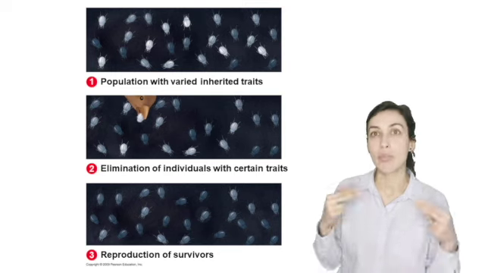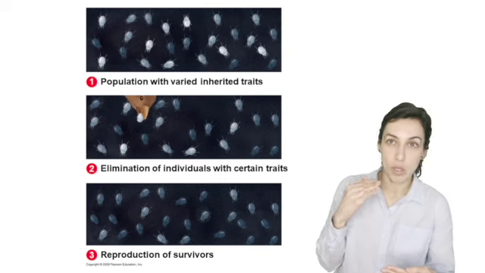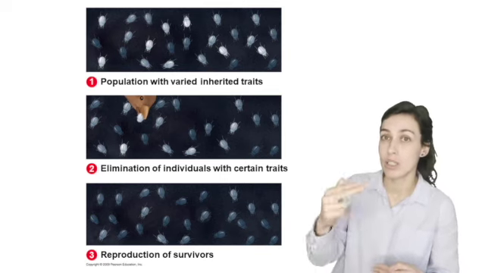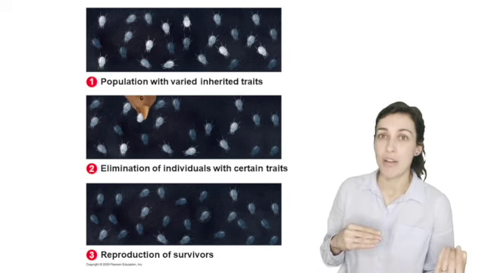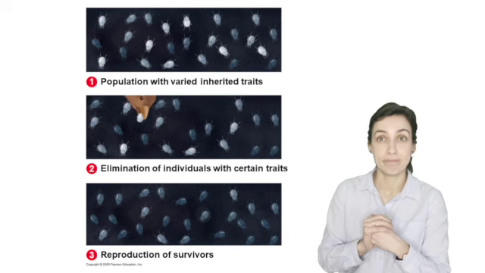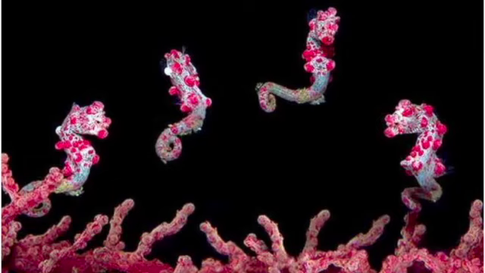And if this same pressure, meaning there's the dark background, and if you don't blend in, you're going to be eaten, if that continues for a long, long time, you're not going to have very many white beetles in that population. So natural selection is an editing mechanism.